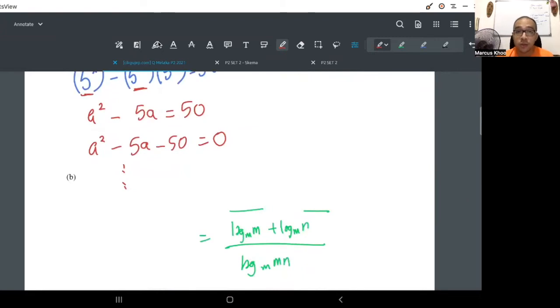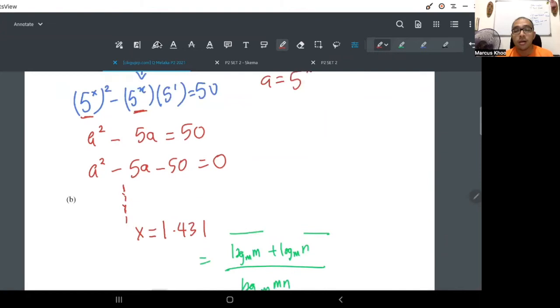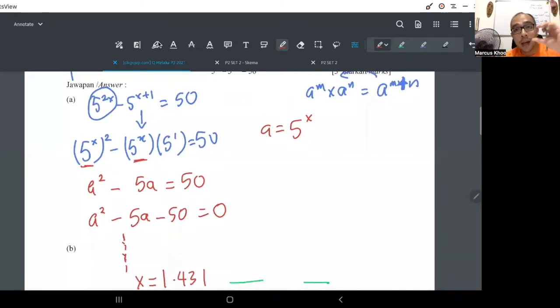Okay, then all you have to do is just log the answer. So dia agak panjang sikit, but if you can do this, you will get the answer x equals to 1.431. Ada banyak step di sini lah. I'm just telling you that there are many steps here, but the fundamental part of this is actually this. Yang pergi ke sebelah kiri. Ramai orang ingat dari kiri ke kanan, but they forget that actually you can do it the other way.